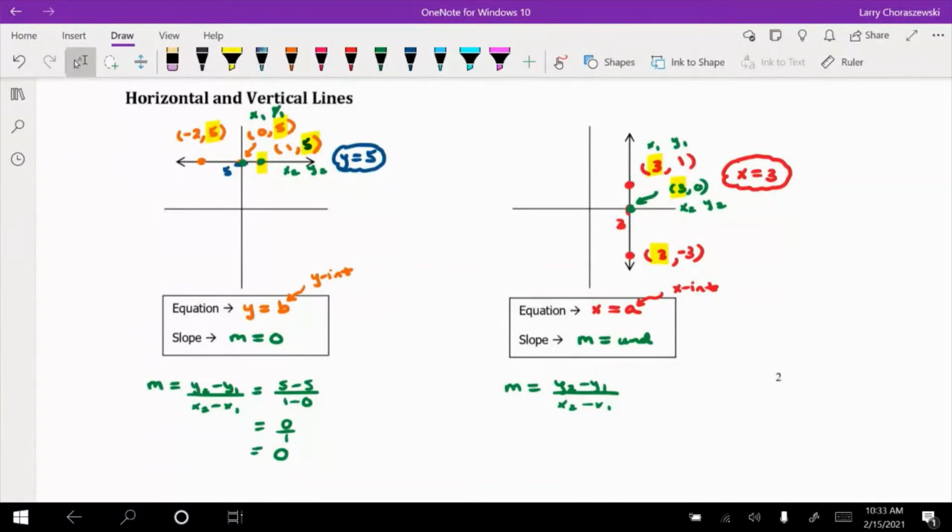It doesn't have to be these 2. But we'll roll with these 2. And if we use the formula for slope, the numerator would be 0 minus 1. Denominator would be 3 minus 3. And we'd end up getting -1 over 0. And keep in mind that when 0 is underneath a fraction bar, that's when we get a value that's undefined.